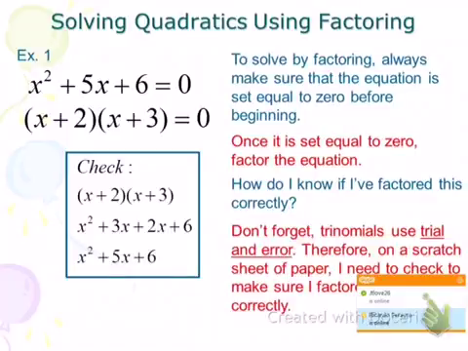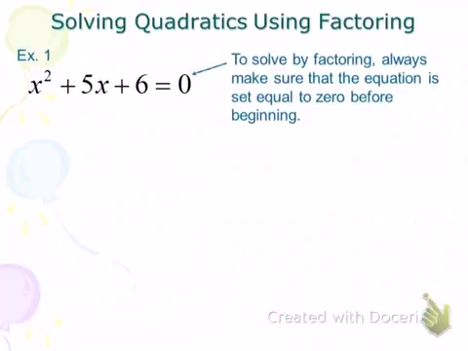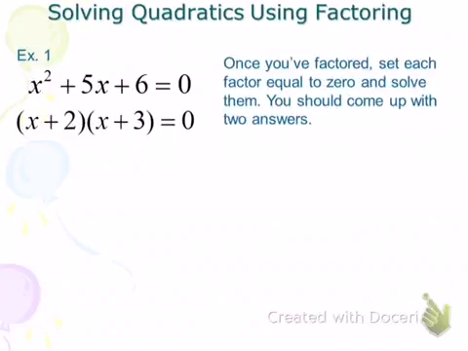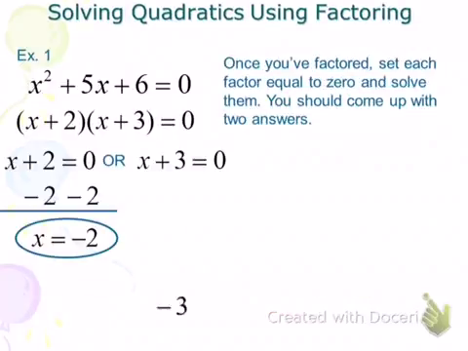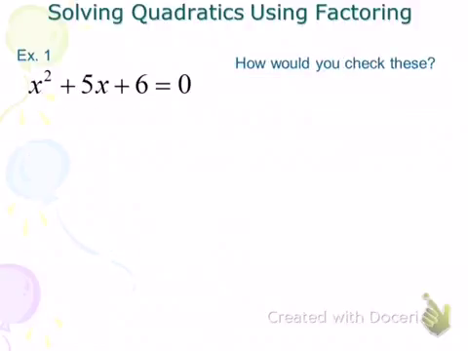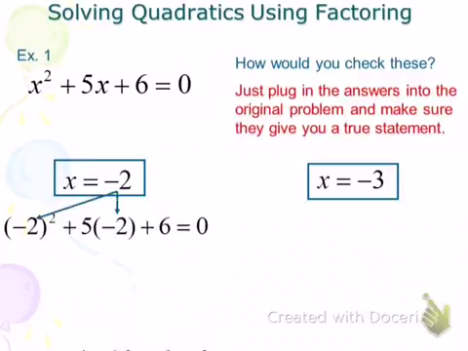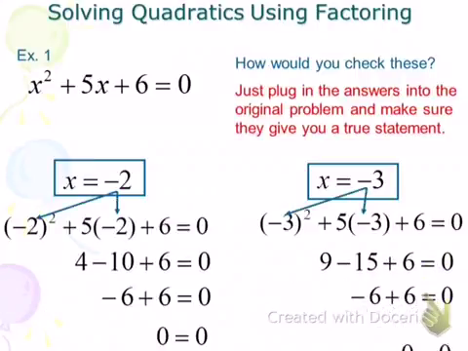Okay, let me pause this. So we solved this one and found that x plus 2 times x plus 3 equals 0, which means x was equal to negative 2 or negative 3. I want to remind you that you can check the answers by plugging the values into the original equation and making sure that a true statement results.